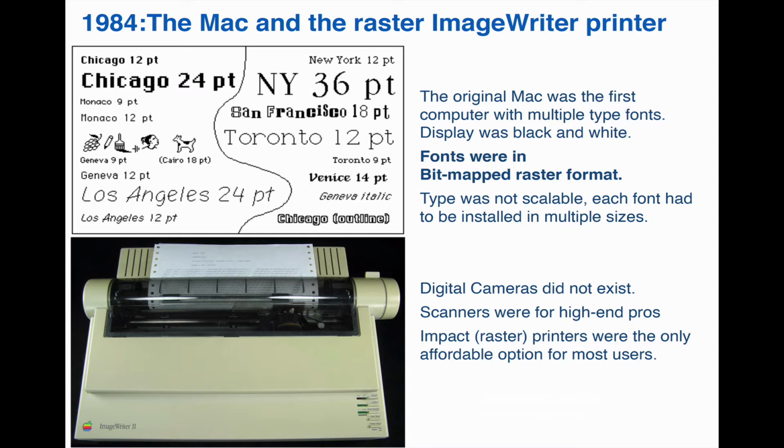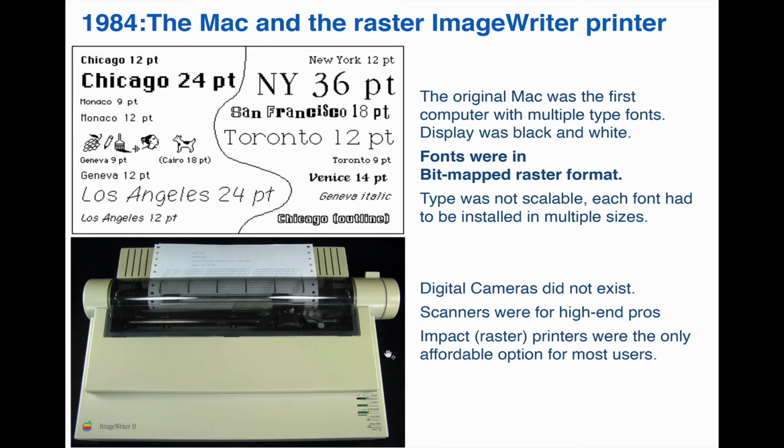Scanners were for high-end professionals, and the only printers that an ordinary person could hope to afford were these little impact printers that used raster technology. They seem crude by today's standards, but I still remember my first ImageWriter and how thrilled I was to be able to use different typefaces.